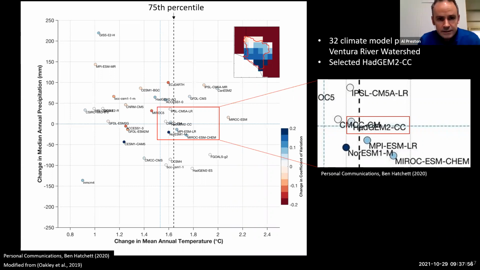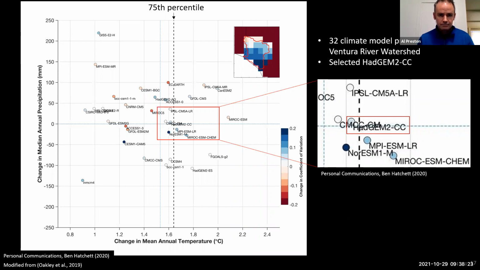As Kevin said, we wanted to pick a scenario where the average precipitation did not change a lot. We're really going to focus on the variability. If we change both the average and the variability, it's hard to tease out what's driving the changes. And then a 75th percentile temperature. The 75th percentile on this graph is represented by the vertical dashed line.